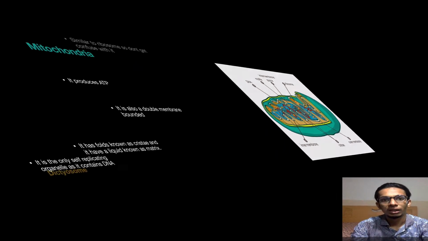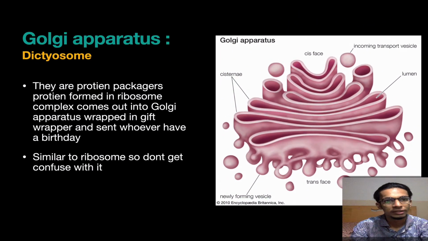So let's keep going and quickly finish this lecture. We have Golgi apparatus. Golgi apparatus is also known as dictyosome. The Golgi apparatus are the packagers of the protein, as the protein is formed in two procedures. Number one is transcription and the other is translation.